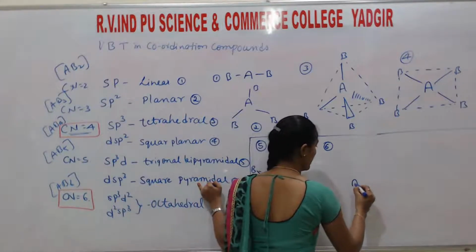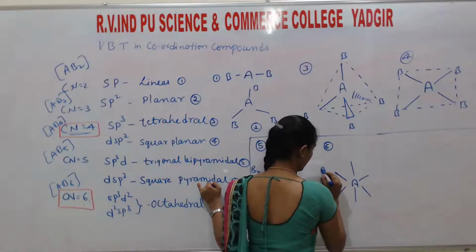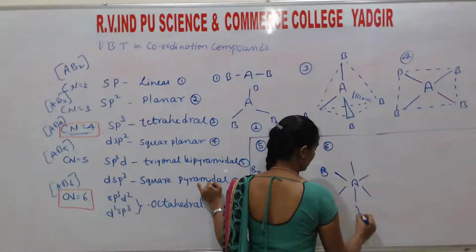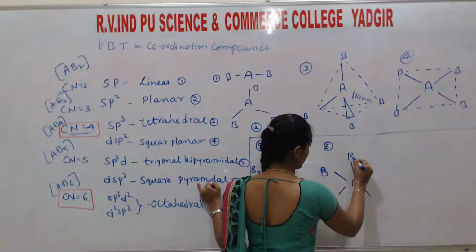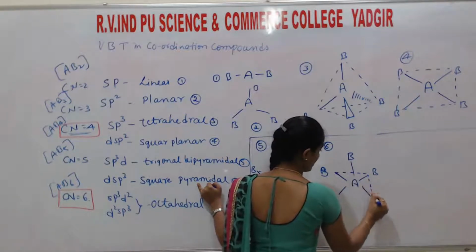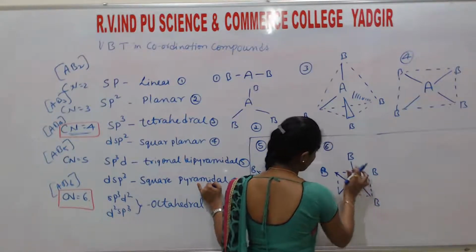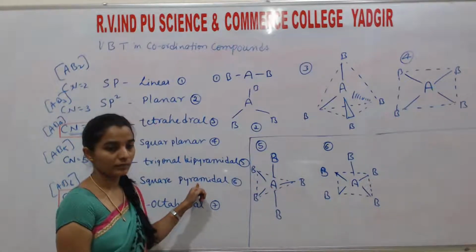That is A with a square base and a pyramid on top. That is square pyramidal.